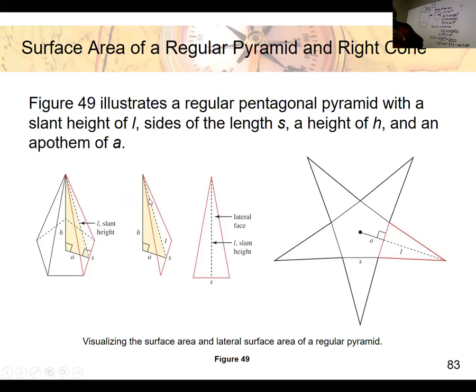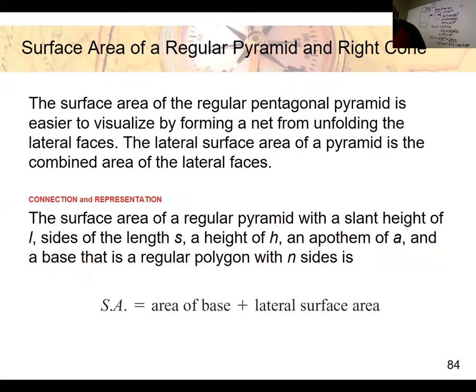Okay. So here, that's that slant height that you see here. And then from there, you'll see it a little bit better, because that's the lateral face. That vertical dotted line is your slant height. Okay. And of course, the surface area there would be the area of the base plus the lateral surface area.